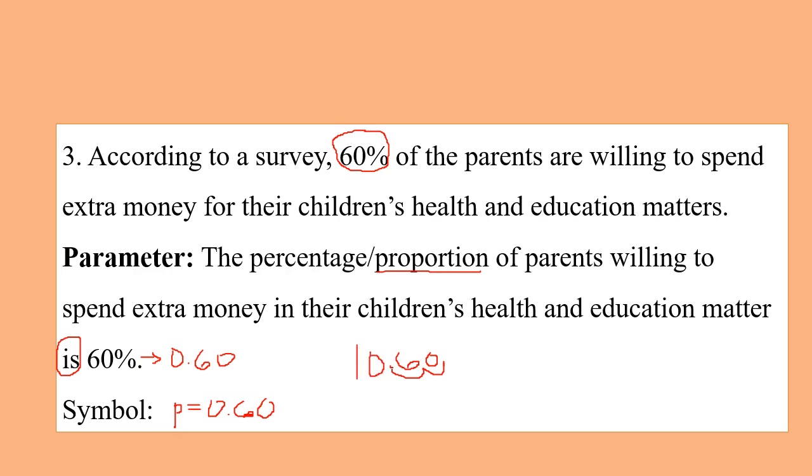This is how we convert percent to decimal point. For decimal to percent, from the left, you move 2 places to the right. So, the parameter proportion in symbol is P, the keyword is is, and the amount is 60%, or in decimal point, 0.60.